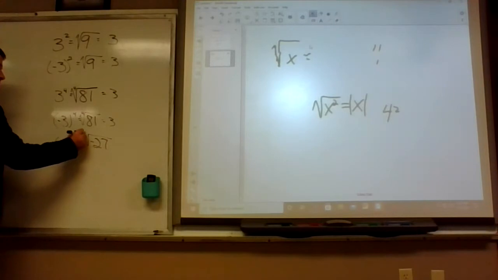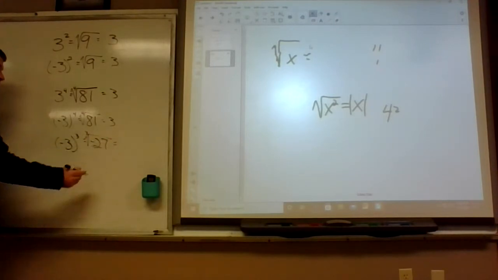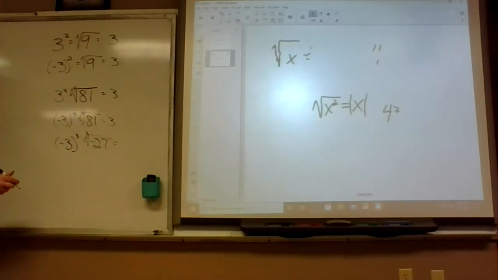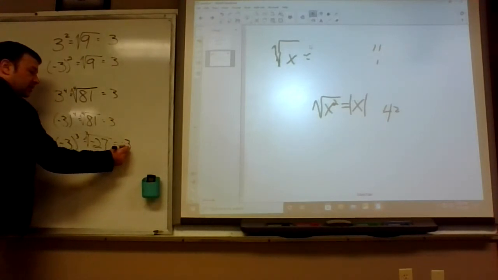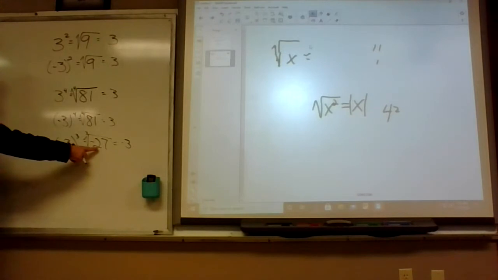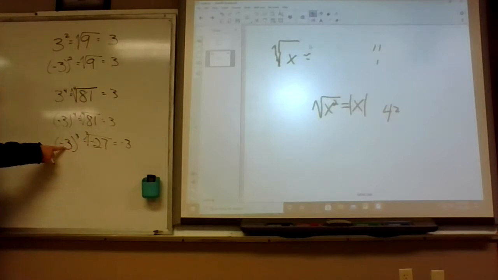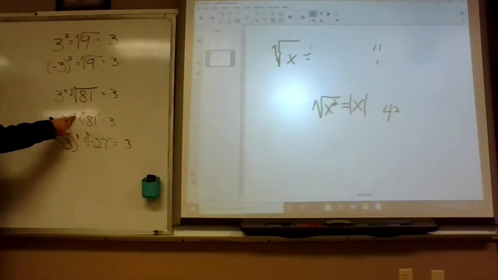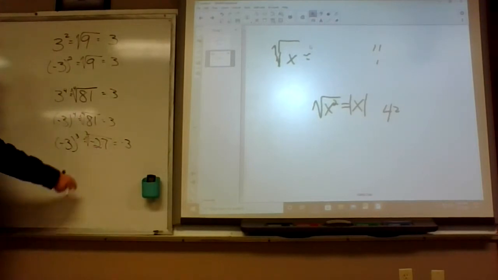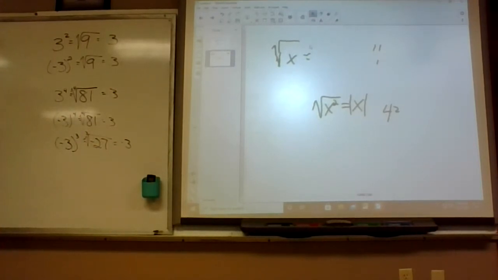What's the cube root of negative 27? What to the 3rd equals negative 27? Negative 3. That actually works because you can do negative 3 times negative 3 times negative 3 and get a negative. So if it's an odd power, it actually just stays the same. If it's an even power, it might be turning it positive. That's the point of all that.